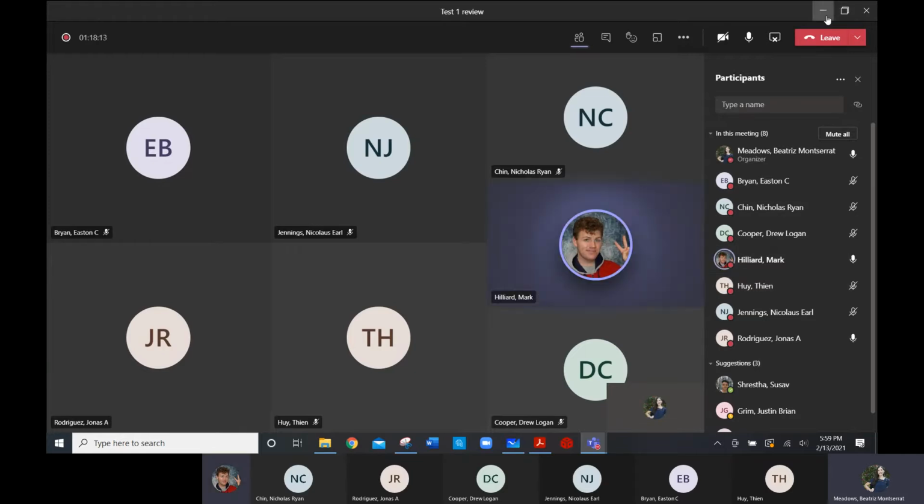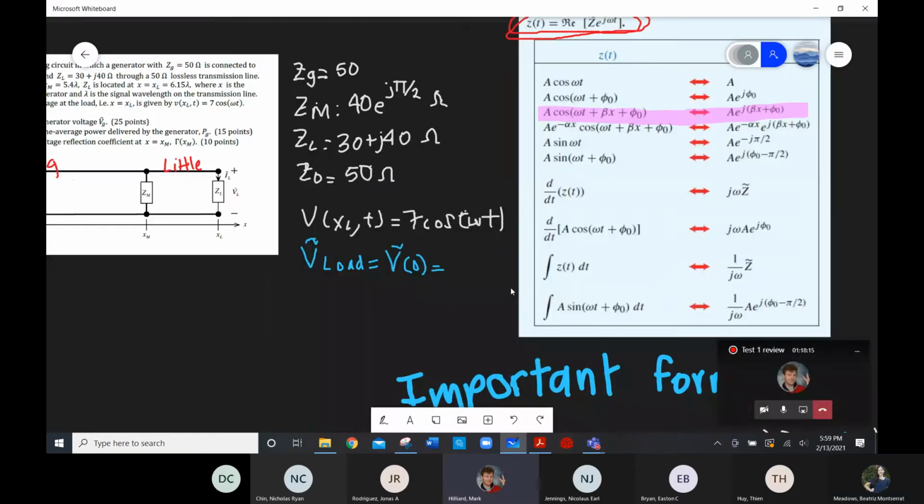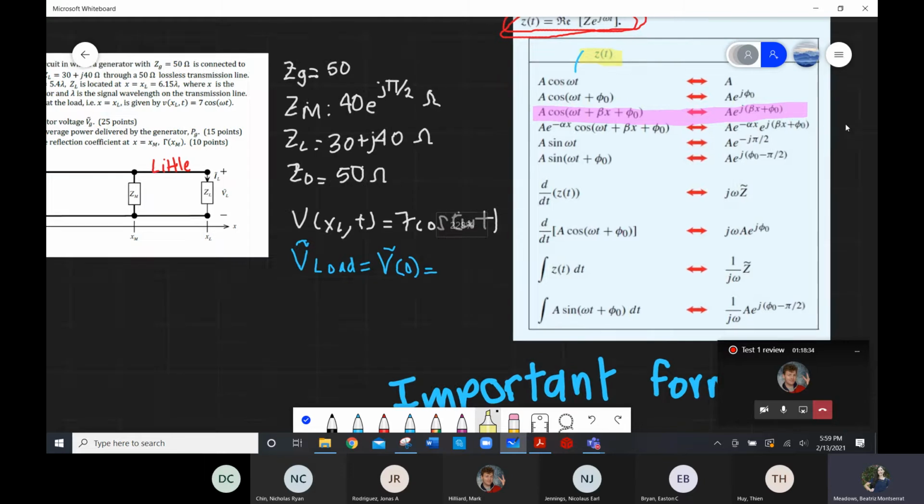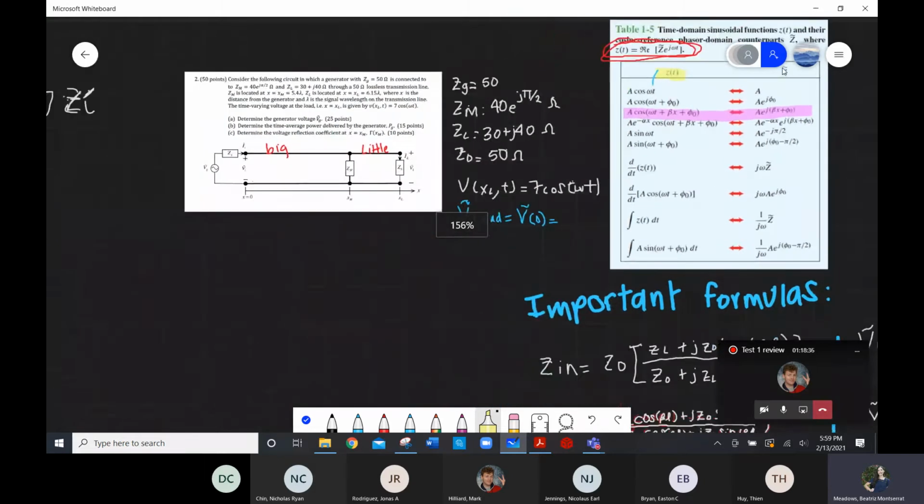I know the A is the amplitude, and I don't see anything for the beta x, but I think it's just A cosine omega t plus phi naught, right? Okay, so if we compare, this is the time-varying, and this is the phasor here.